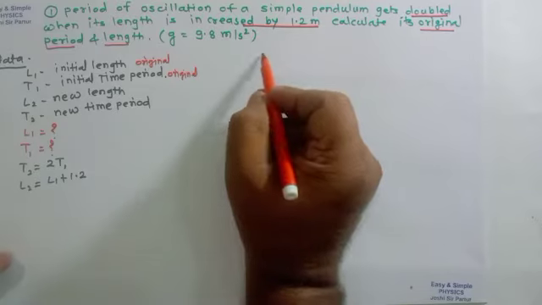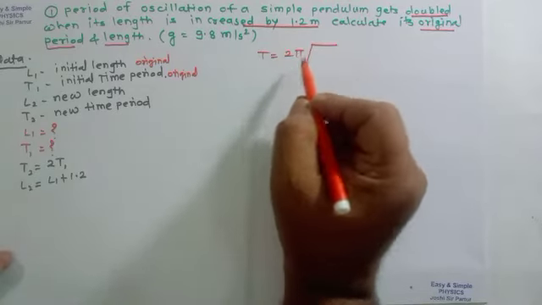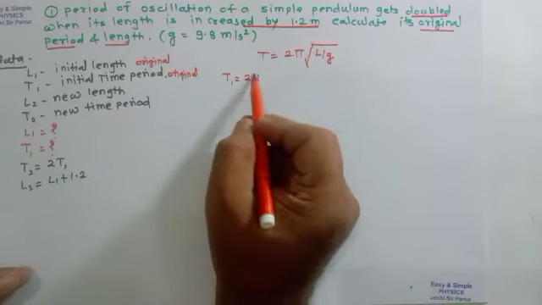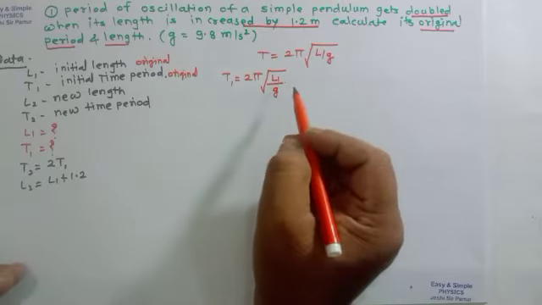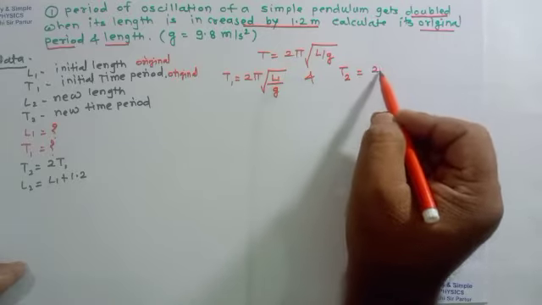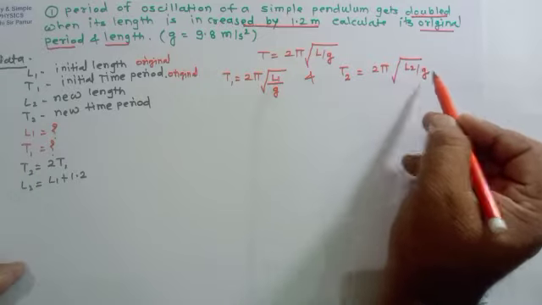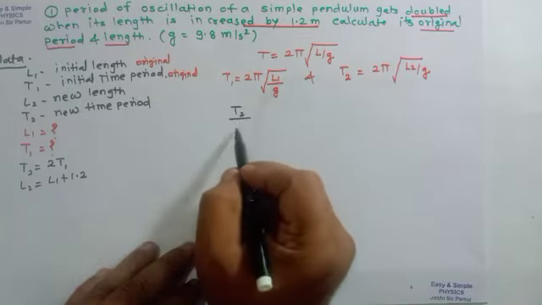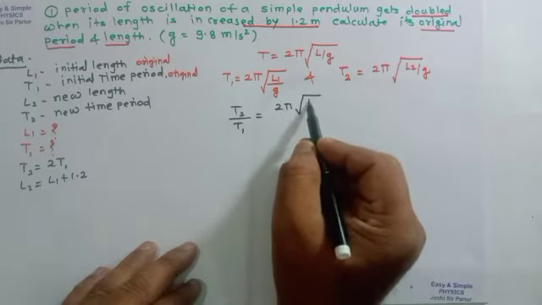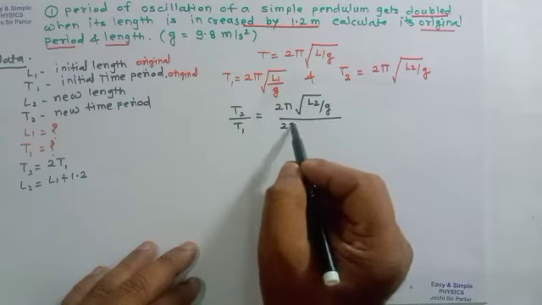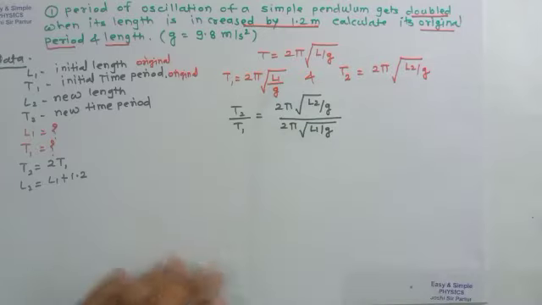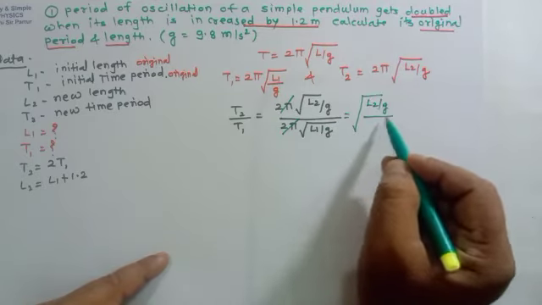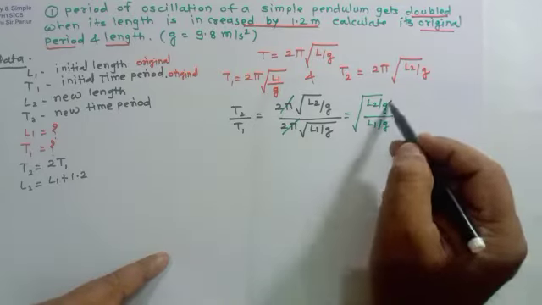We know that the time period for a simple pendulum is 2 pi square root of L upon G. So the original time period has the formula T1 equal to 2 pi square root of L1 upon G, and the new time period T2 is equal to 2 pi square root of L2 upon G. If we divide T2 upon T1, it will be 2 pi square root of L2 upon G divided by 2 pi square root of L1 upon G. 2 pi gets cancelled, and G will also cancel.